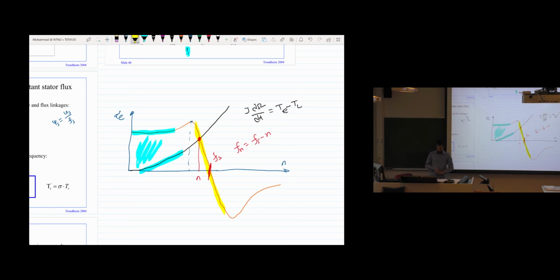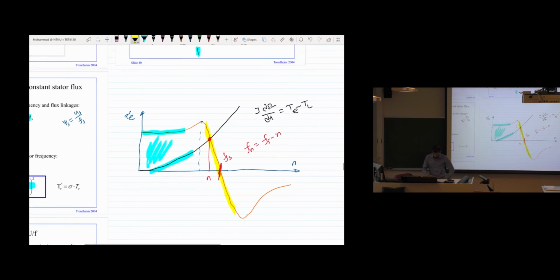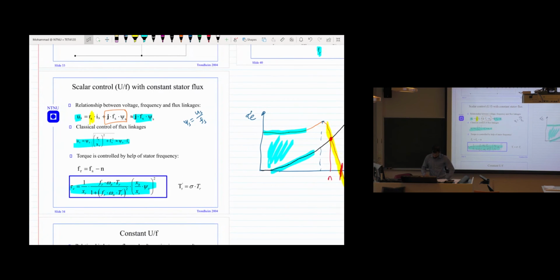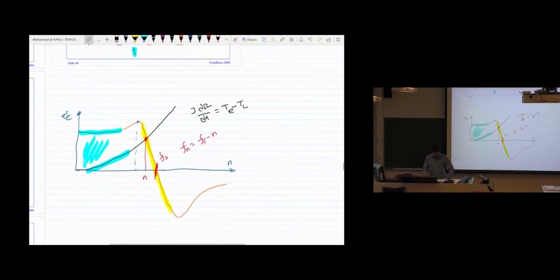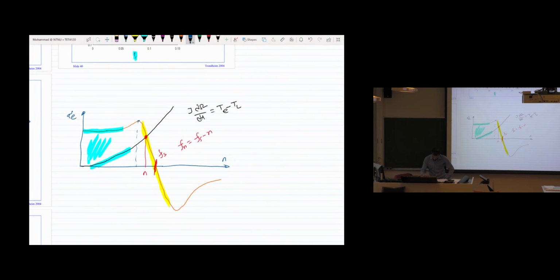So we are talking about the rotor flux constant. And maybe I should also say one more thing. If we change the axis here, like we have the axis now at this point, and now we change the axis to this point here.